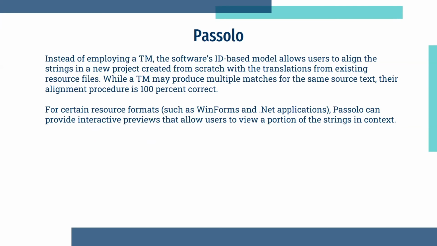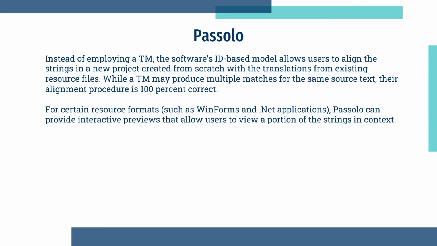However, Personal does not use a translation memory. The software adopted a model which is based on ID. So it allows users to align the strings in a new project created from scratch with a translation from existing source files.